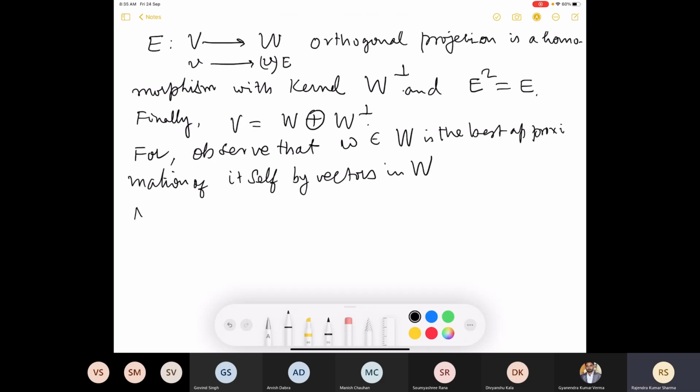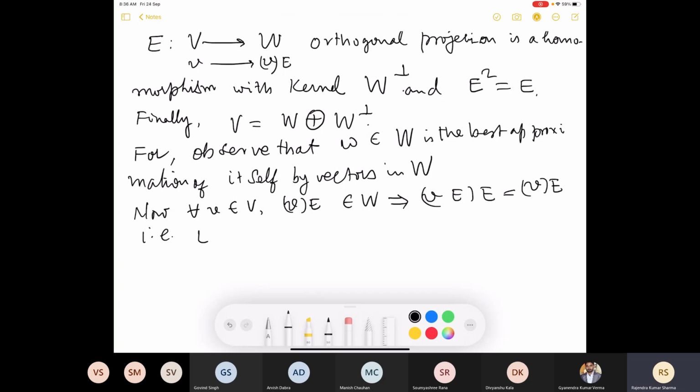Now, for every V in V, VE the map, as you know, this is in W, and therefore VE under E will be VE, because E gives the best approximation of this itself, and therefore this will be VE only.